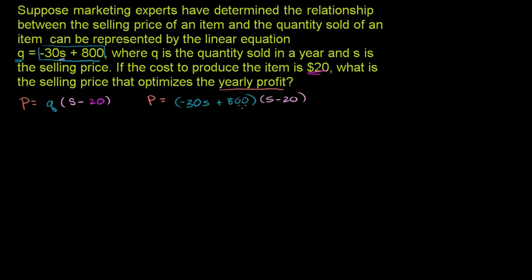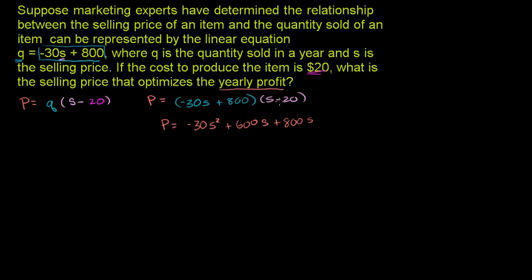And let's multiply this out so we have a nice clean trinomial. So our profit is going to be equal to negative 30S times S is negative 30S squared. Negative 30S times negative 20 is positive 600S. 800 times S is 800S.